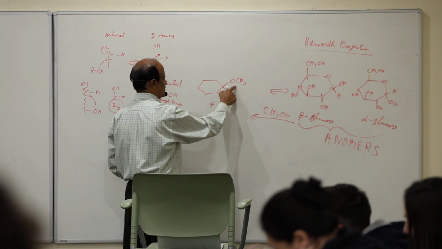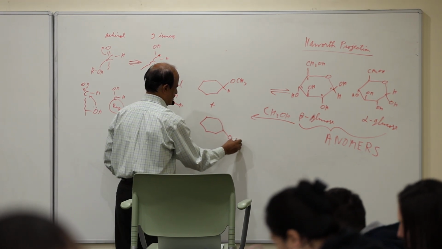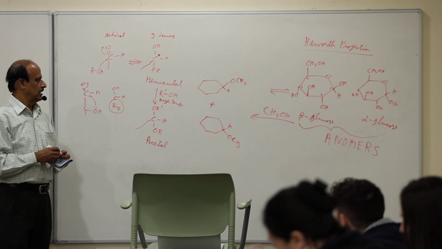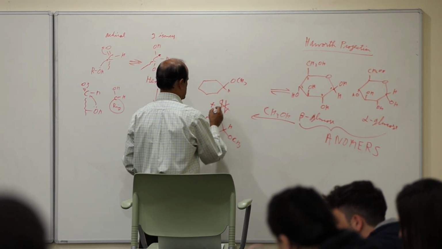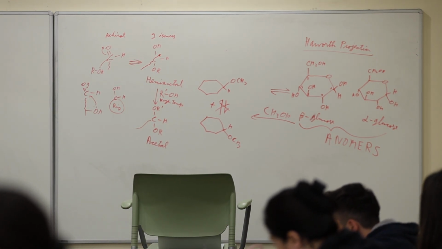The beta one will give you this ether, and the alpha one will give you this. And they are not in equilibrium with each other. They don't interconvert. Once you form the acetal, they don't go back and forth.